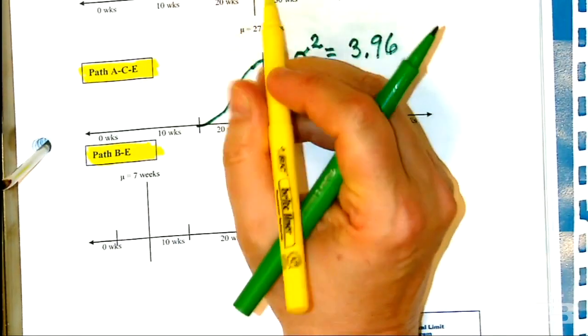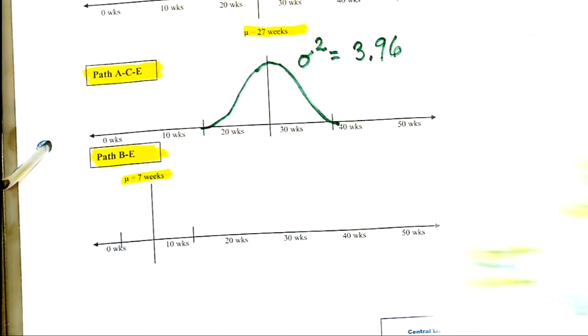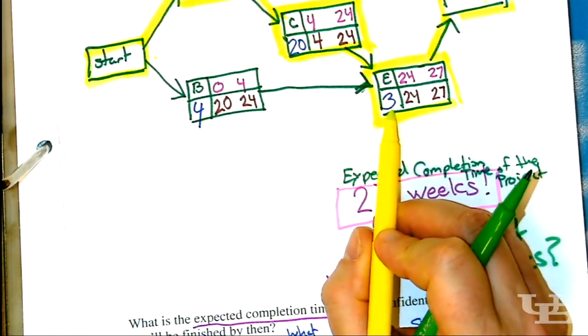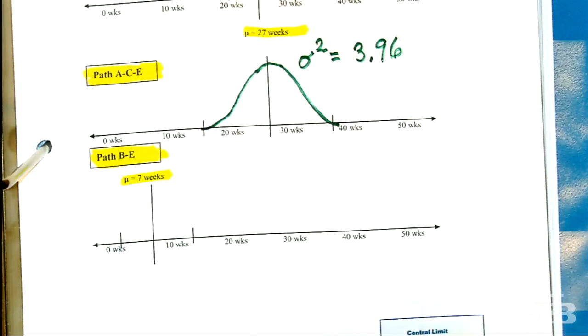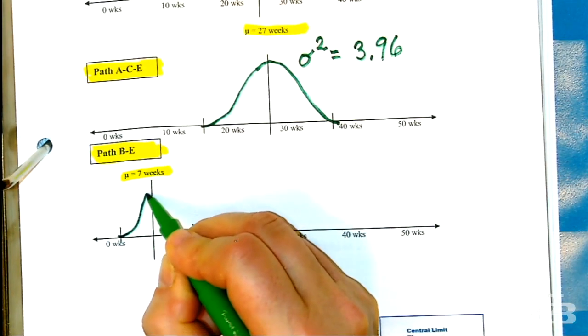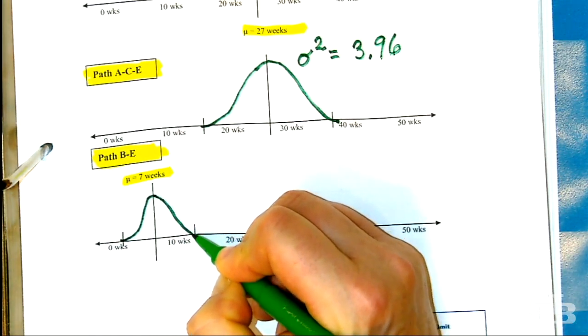And then over here, path BE is all the way to the left because if you look, the expected time for B is 4 and the expected time for E is 3 weeks. That only adds up to 7. We think that whatever happens on that particular path, the average outcome is going to be 7 weeks.